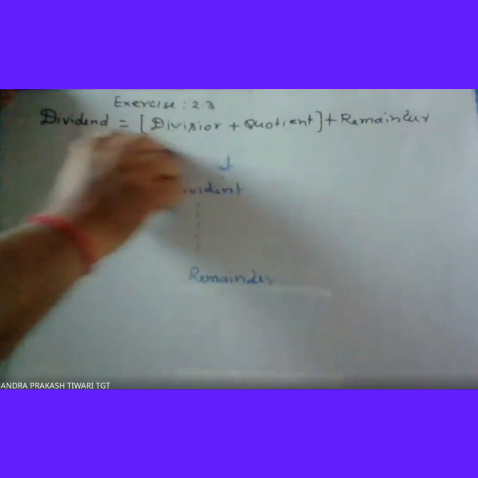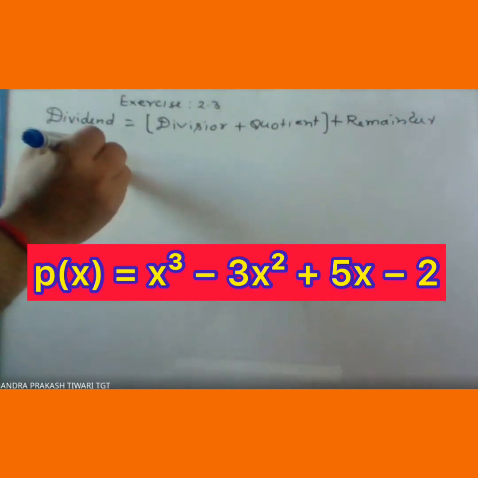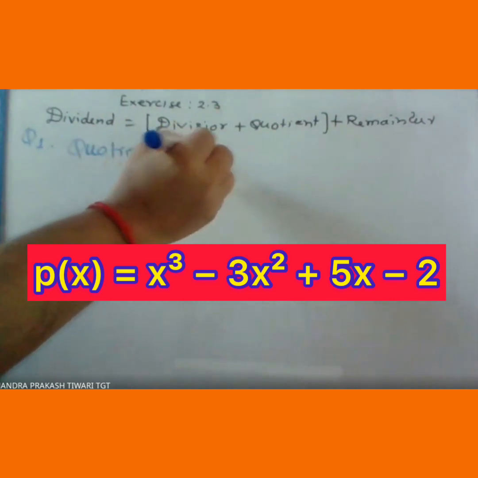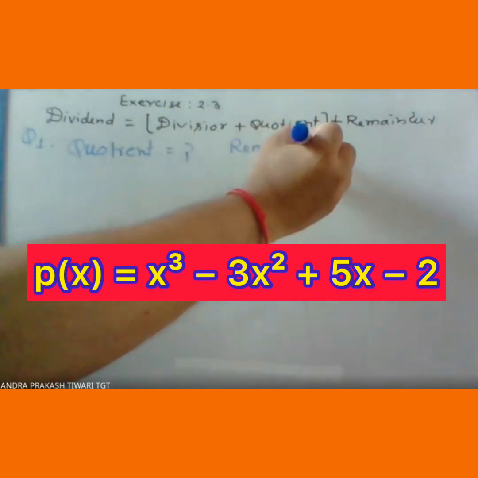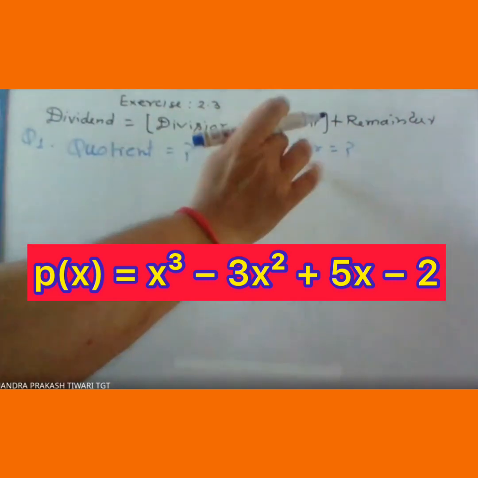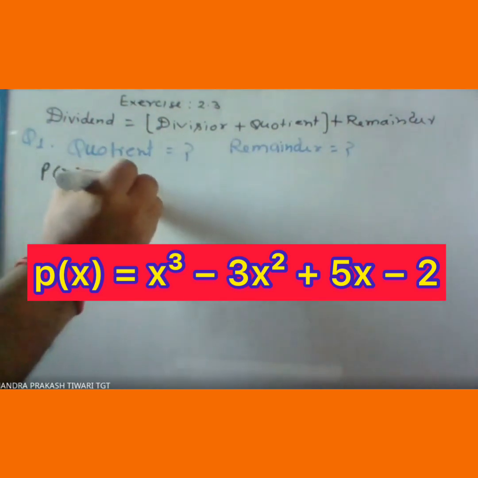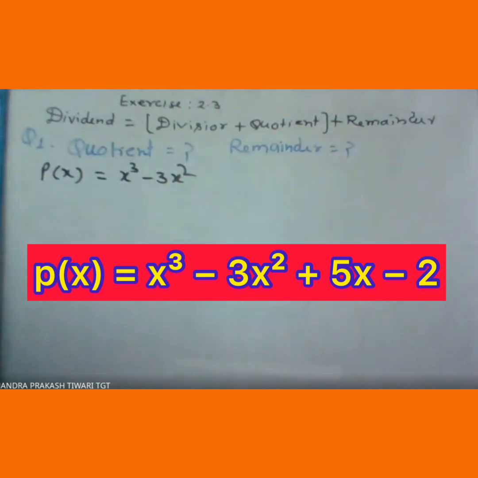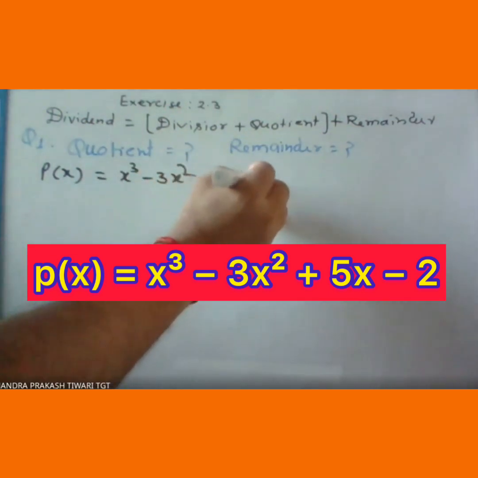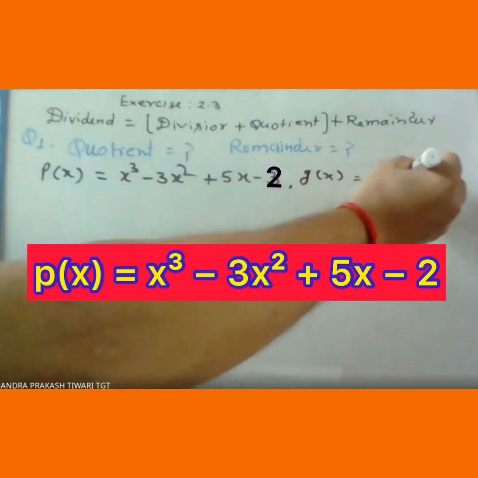Okay, so here is the question. Given that p(x) equals x cube minus 3x square plus 5x minus 3 and g(x) equals x square minus 2 only.